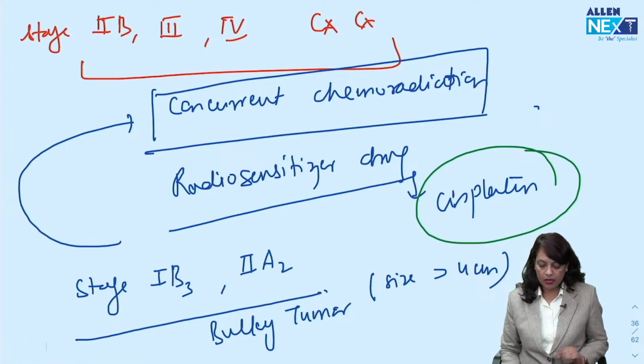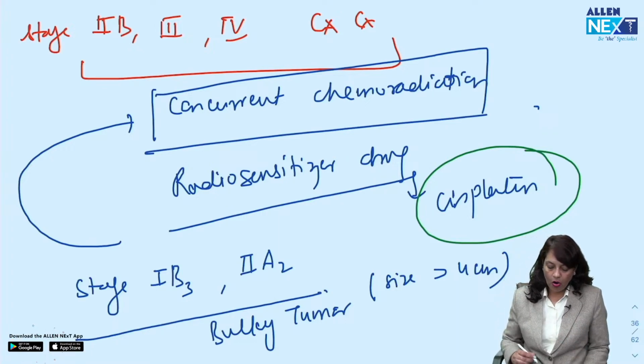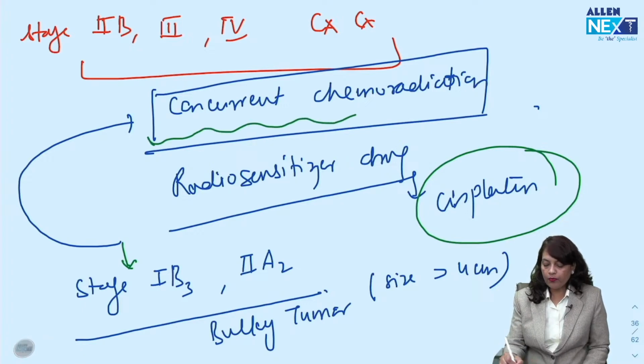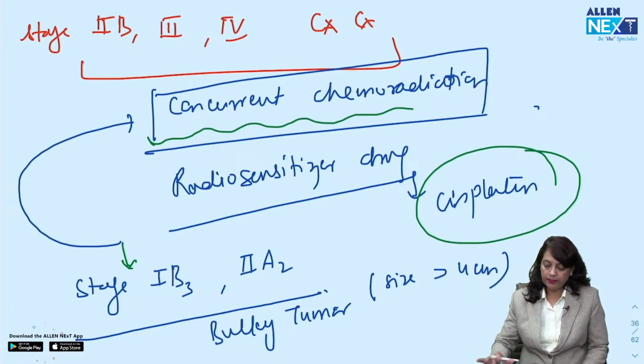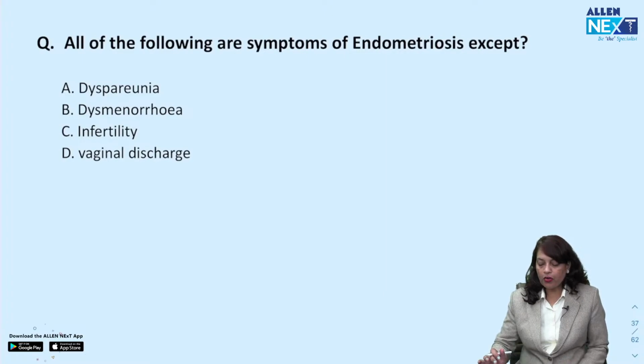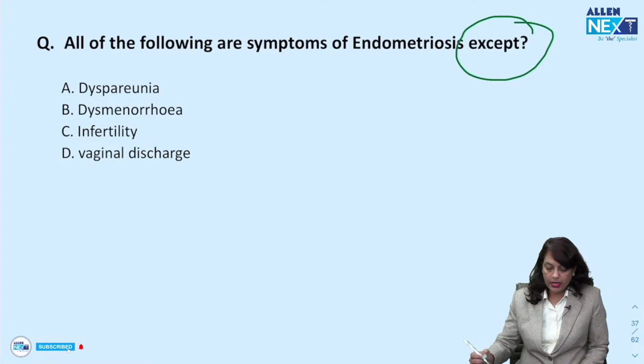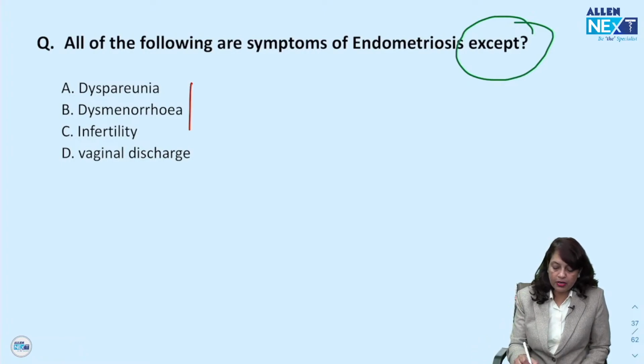The answer is cisplatin. What is the management of stage 1B3, 2A2, 2B, 3 and 4 cancer cervix? It is chemoradiation.